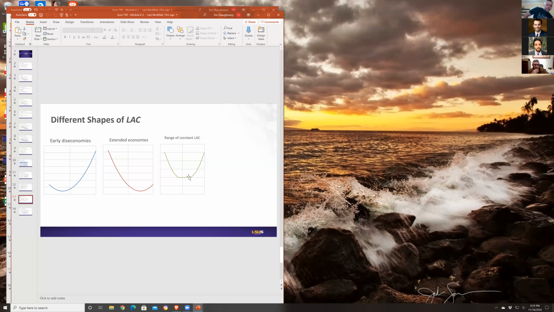So, Dr. Shaughnessy, in your lectures, you use the automotive industry as a good example of the extended economies, and compared it to dealerships over on the other end with the early diseconomies. This has nothing to do with the charts, but it's just a general question.